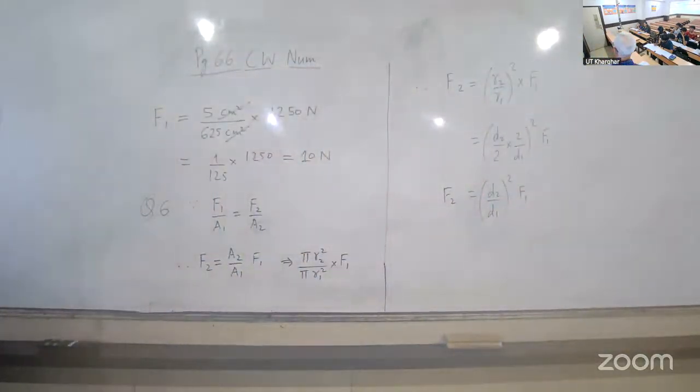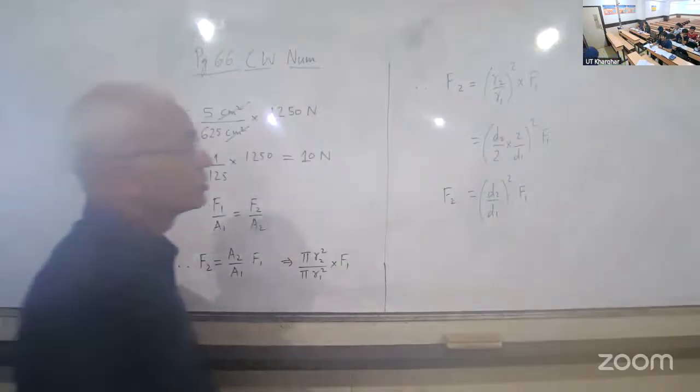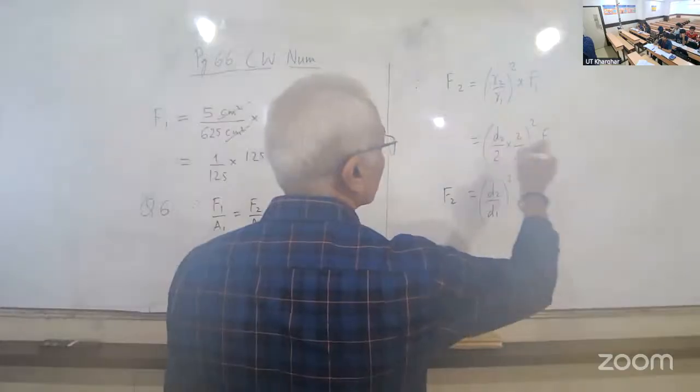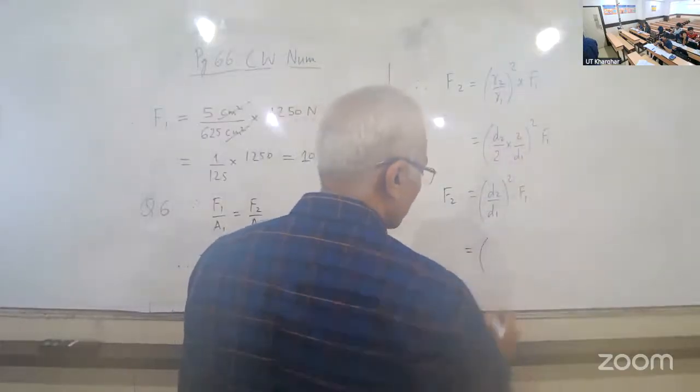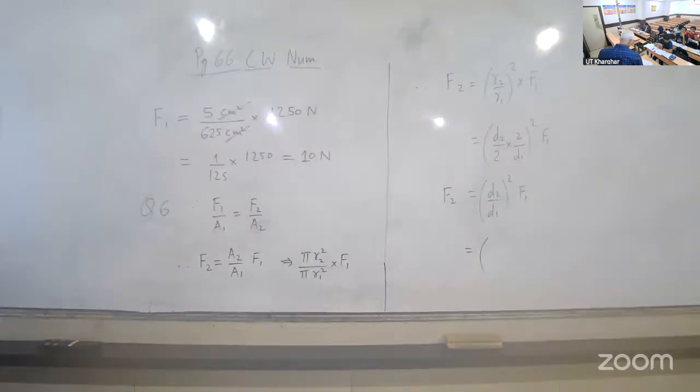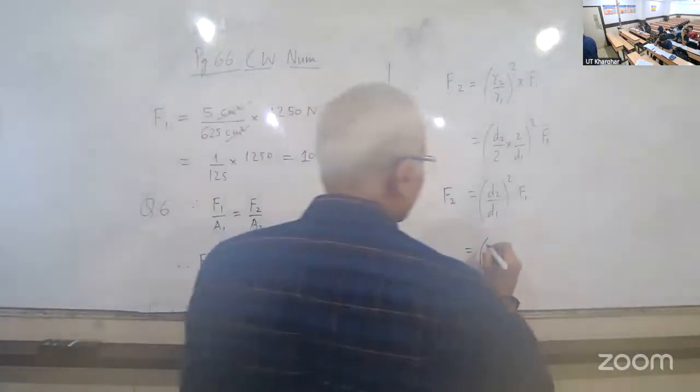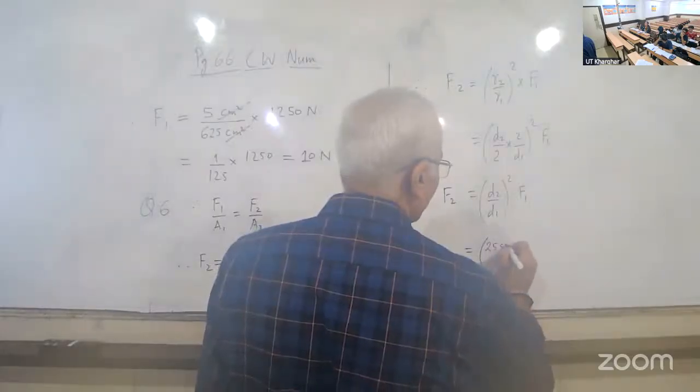Okay. So what is r2? Half of diameter, right? d2 by 2. And what is r1? d1 by 2. What happens on cancelling? Okay? So what is d2? d2 is 25 centimeter.